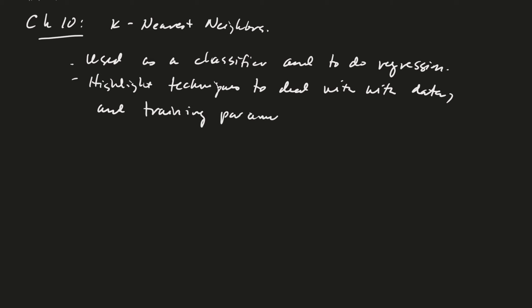So if we're building any kind of classifier or any kind of regression, there's going to be some techniques that we're going to use often for every case. Okay, and so that's what we want to talk about today.